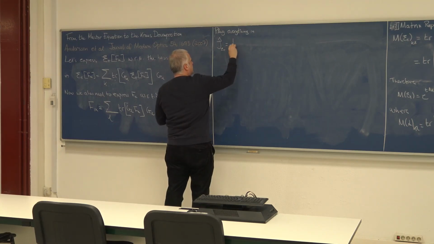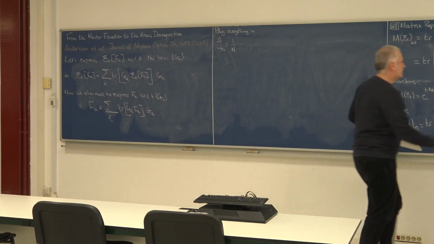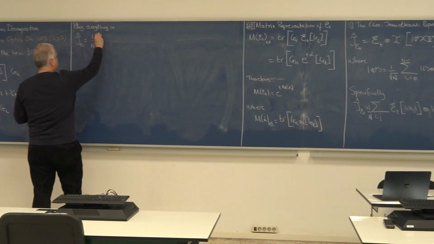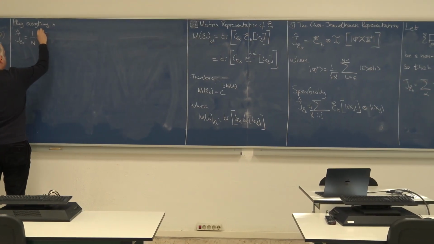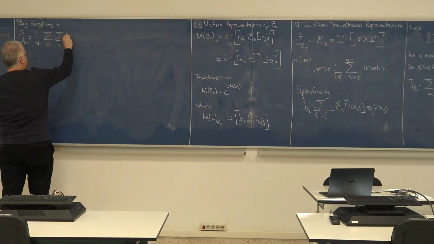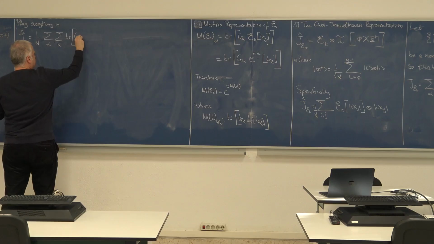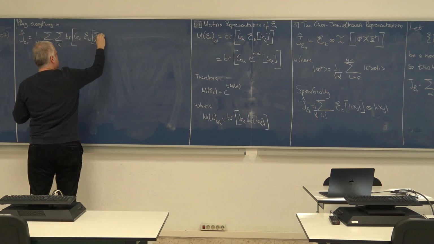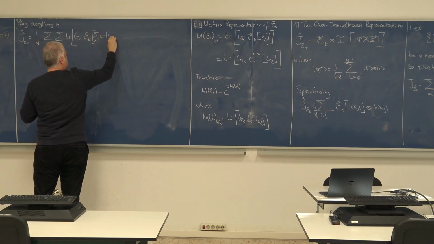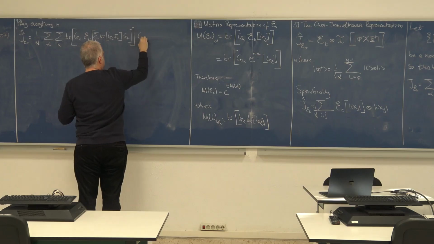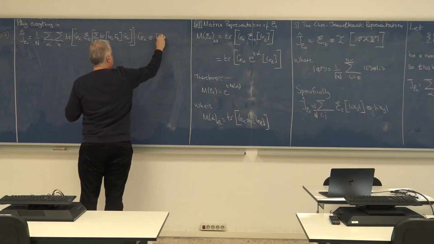So we have, I actually forgot to write it here, 1 over n. We have the sum over alpha, the sum over k. Here we have the trace of g_k, the E of the sum over l, the trace of g_l f alpha g_l, and close this one. We close this one, and here we have g_k tensor f alpha.